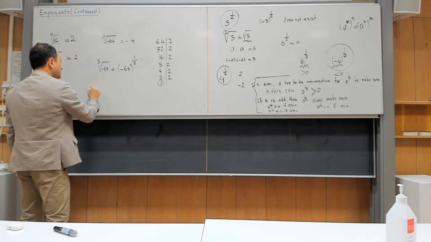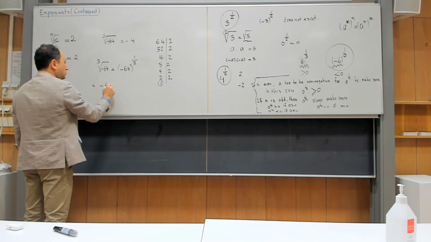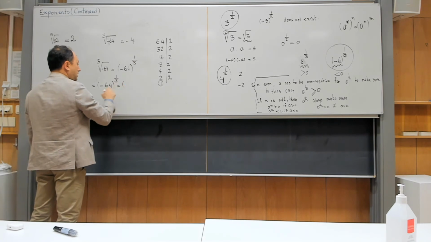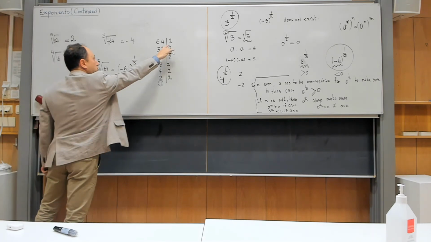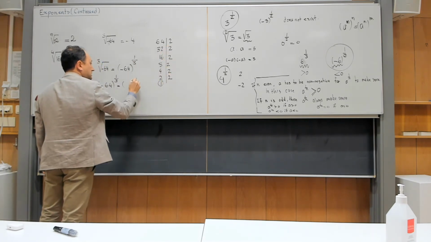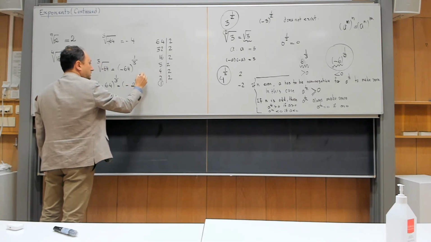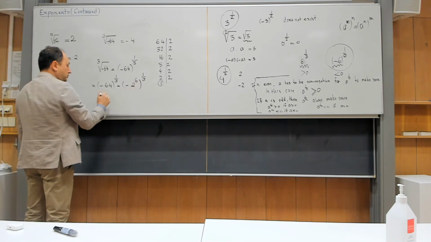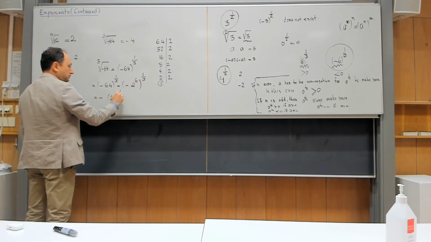So what I can do, I can write minus 64 to the power of 1 over 3. So then instead of minus 64, I can write 2 to the power of 6, and I have a negative sign here. Because this is odd, I can pull the minus sign out. I will also explain it to you if you don't understand that.